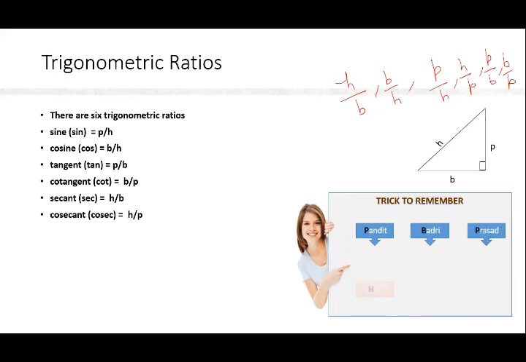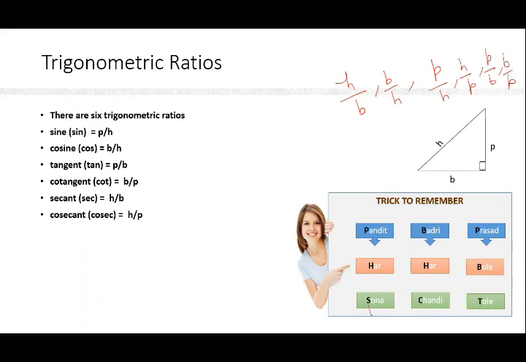Pandit Badri Prasad har har bole Sona Chandi Tole. Here P represents perpendicular, B represents base, H represents hypotenuse, S represents sine, C represents cos, and T represents tan.